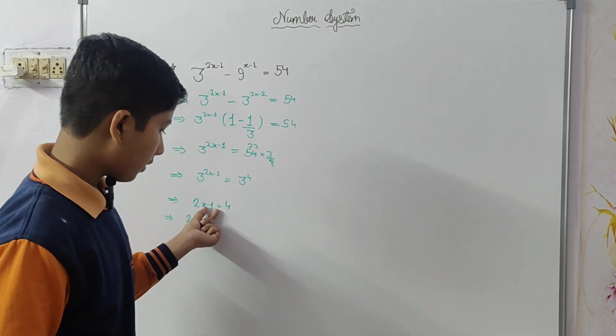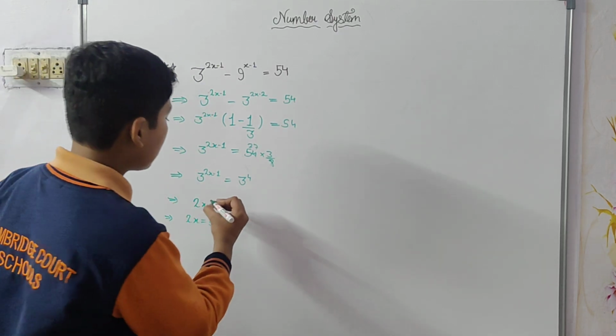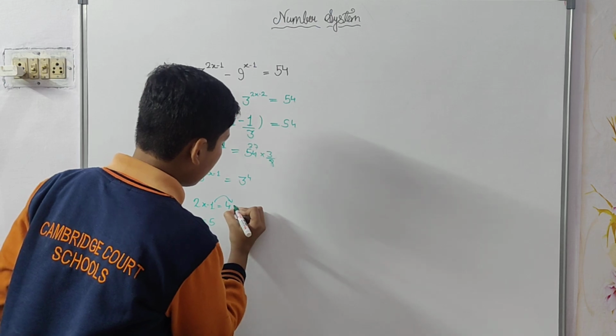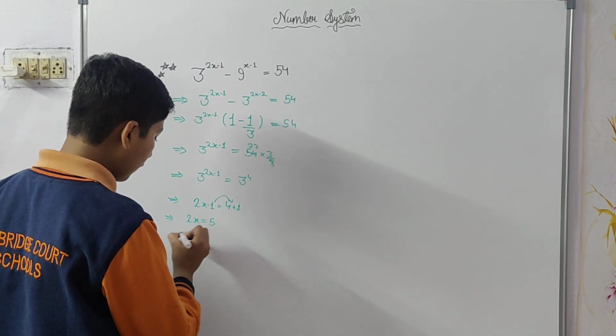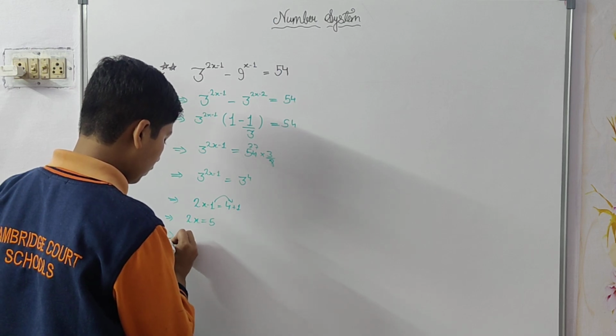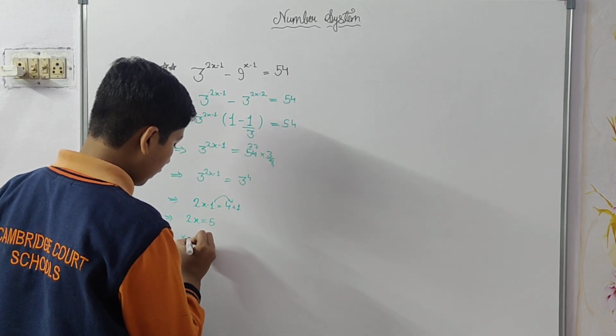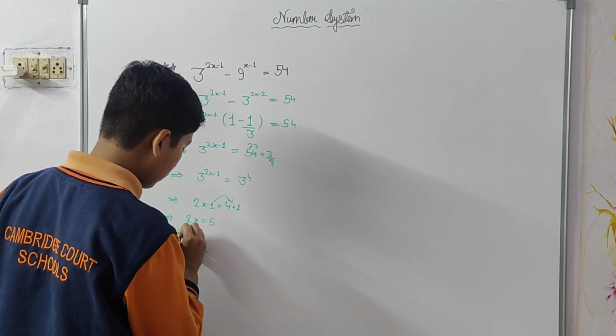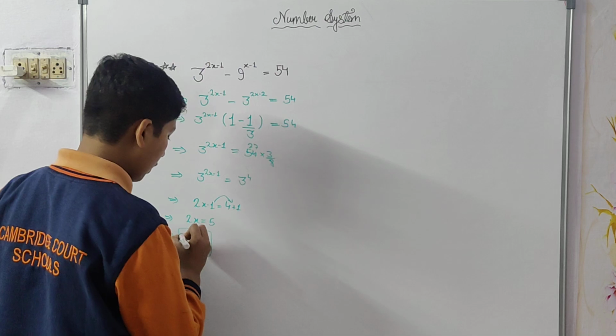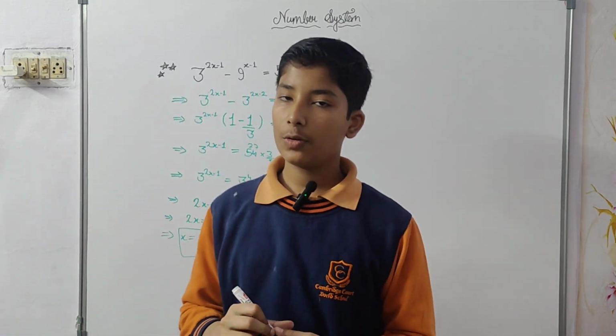Why 5? Because this is minus 1, when it goes to the other side, it will become plus 1. So now 2x equals 5, so x equals 5 upon 2. The value of our x is 5 upon 2.